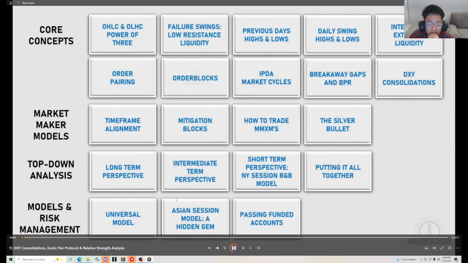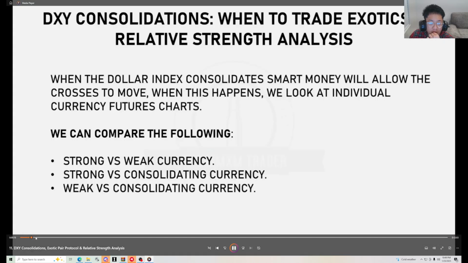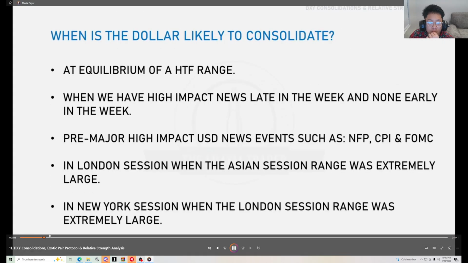Let's see this one. So we've reached the final lesson of those exotic pairs and how to do relative strength analysis on the currency. Now, when is it most likely that the dollar index will consolidate?